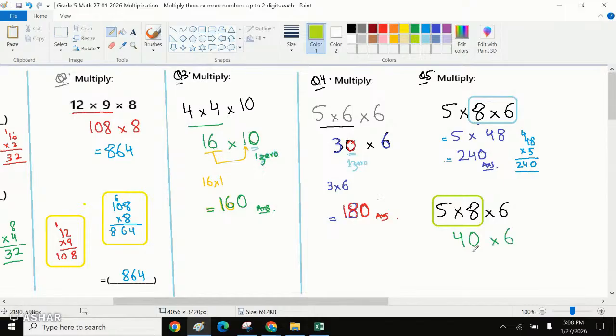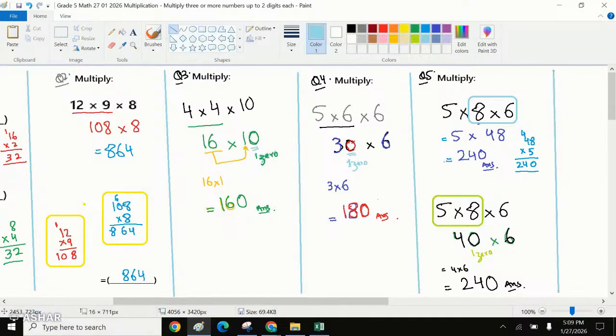There is 1 zero over here, so 4 multiplied by 6 is 24, and we simply bring down the 0. So multiplying a number by tens or fives is easier than multiplying two numbers which are not ending with a 0 or 5.